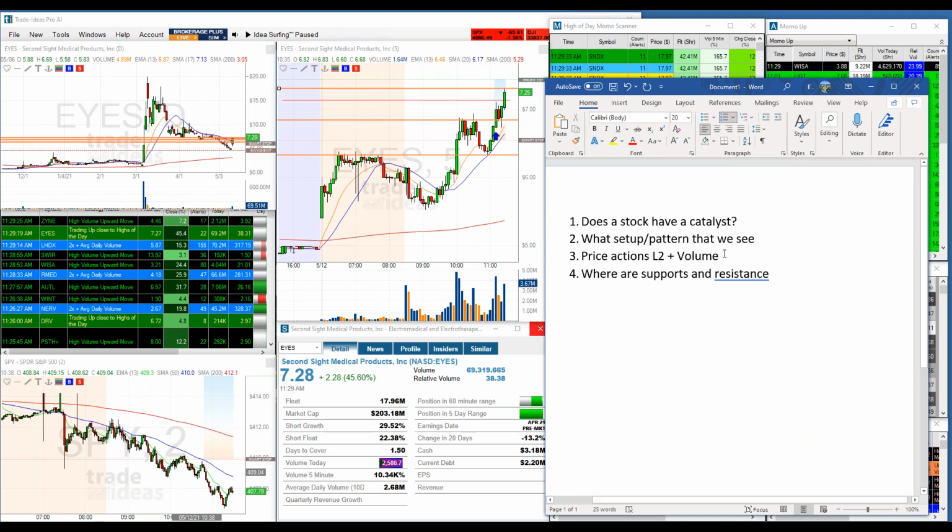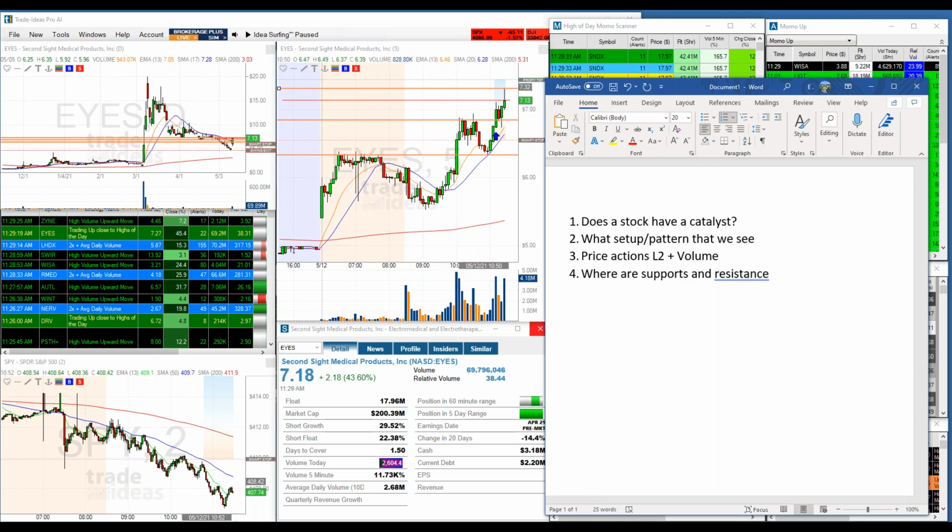And then once we decide, okay, this is probably a possible trade, then we look for where the supports and resistance are. I just went over this quickly earlier. Possible resistance here, every 35-cent move, 50-cent move, so 7.35 resistance, and then we had 7.50, then 7.80, and then $8 if it continues to the upside.